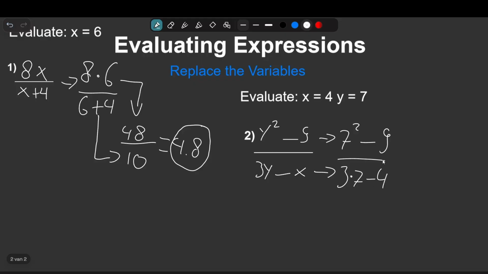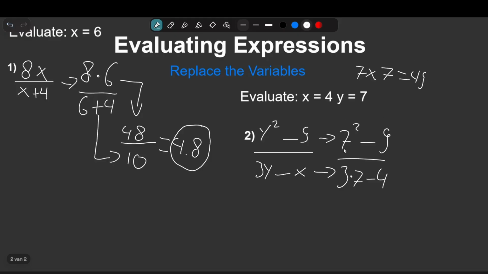So now we got that all sorted out. We can start by solving the top and the bottom. So the first thing we're going to solve is the top. So we have 7 squared. 7 squared equals 7 times 7, which will equal 49.